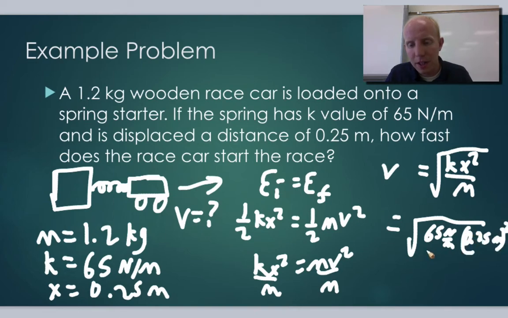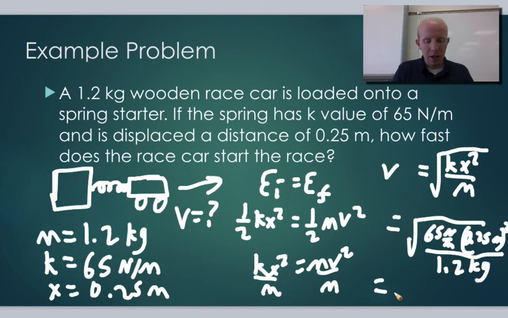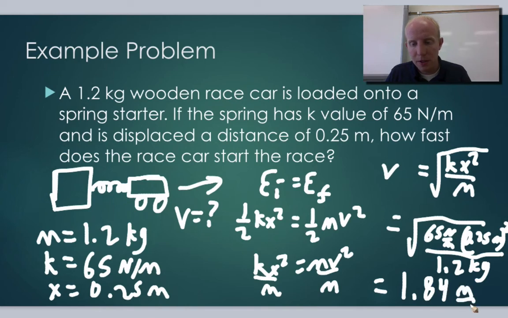Sorry, my handwriting's kind of small. And then over 1.2 kilograms. When we get our calculator and we calculate that, square root of 65 times 0.25 squared all over 1.2. We get the velocity of the car is 1.84 meters per second.